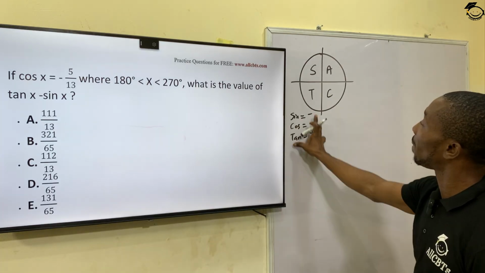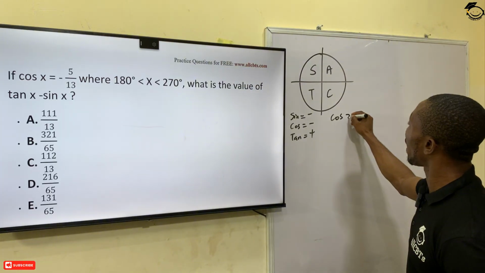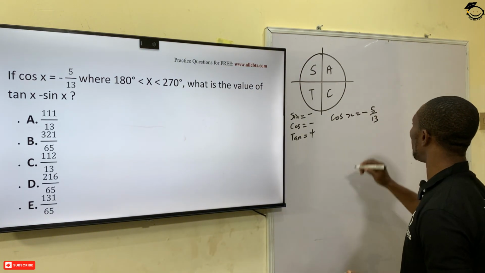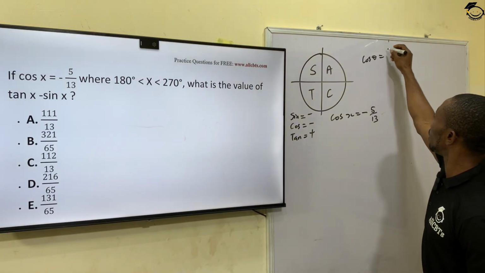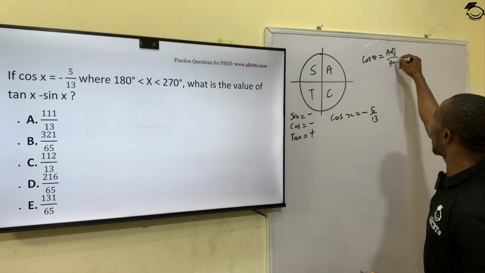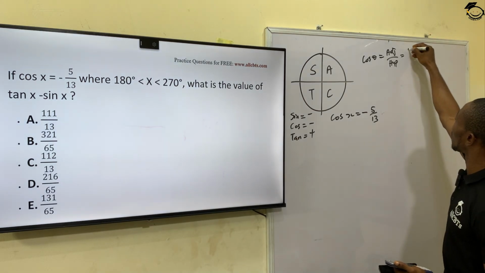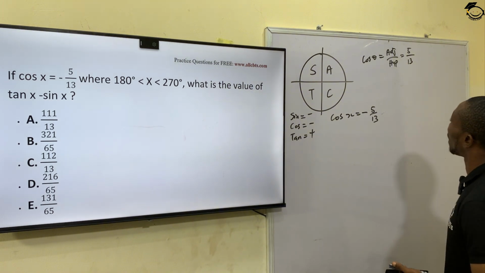Bearing this in mind, we are given that cos x equals minus 5 over 13. And we know that cos theta is adjacent over hypotenuse. So having our adjacent as 5 and hypotenuse as 13, we can find our opposite.